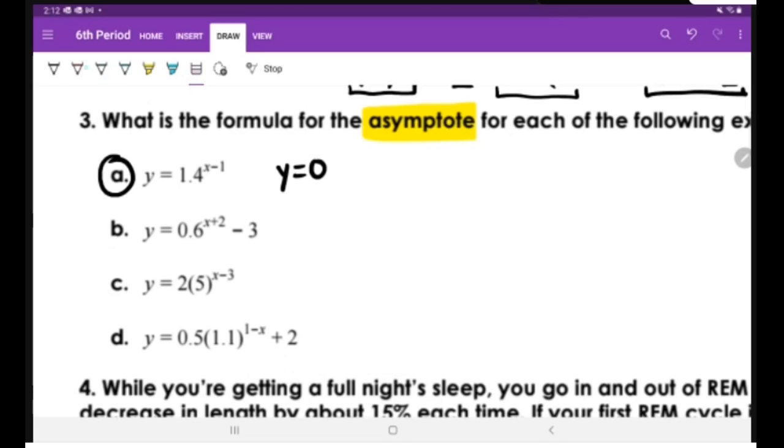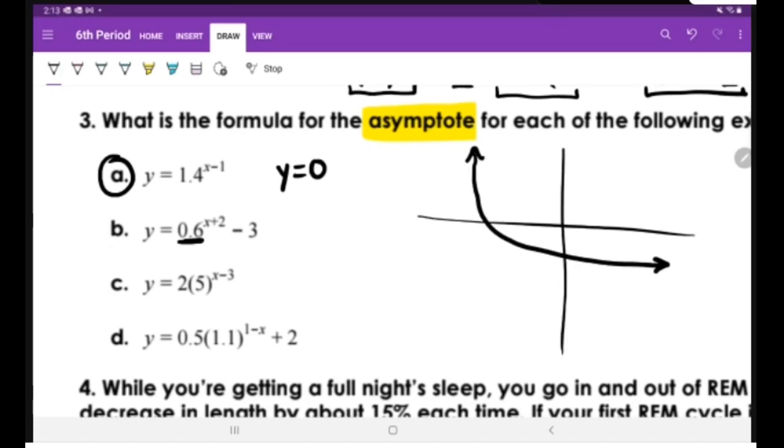In B, we have a totally different base, 0.6. With a base of 0.6, is that growth or decay? Decay, thank you. So with a decay model, we start high and we kind of go low as our graph moves off to the right. And let's say this is our graph.